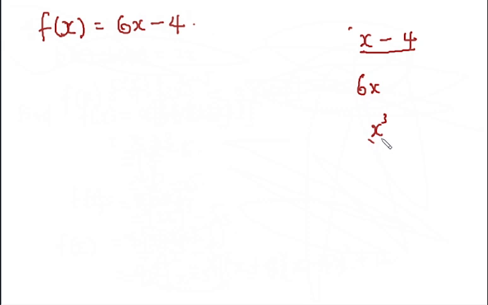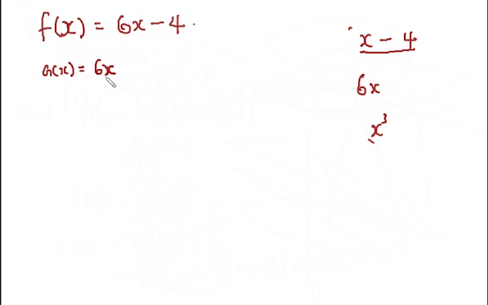So with our newfound knowledge, let's try to decompose this function into smaller parts. So let's say this is f of x equals 6x minus 4. So 6 performs an operation on x. So this can be seen as a function, okay? So we can say a of x is equal to 6x.